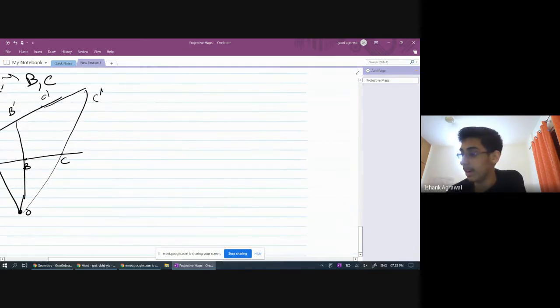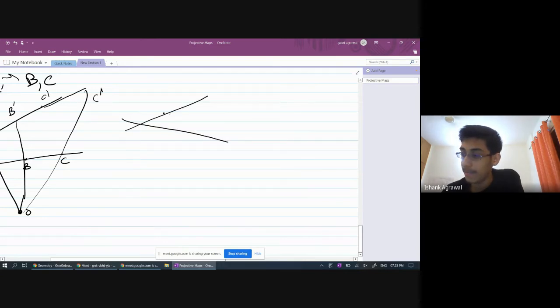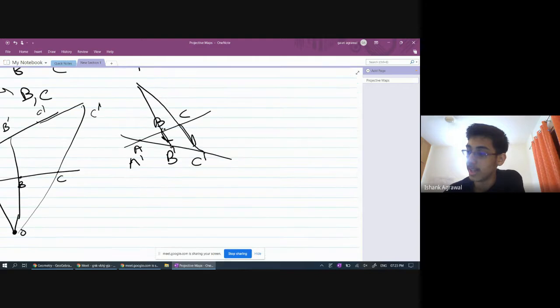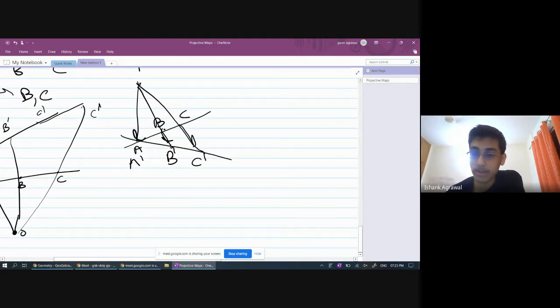Okay, so basically, if we have any 3 points like this, if we want to map B to B dash, C to C dash, and keep A as the intersection point, we can do that simply by taking the intersection of B dash and C dash, because this point will remain fixed. Does everybody get this?